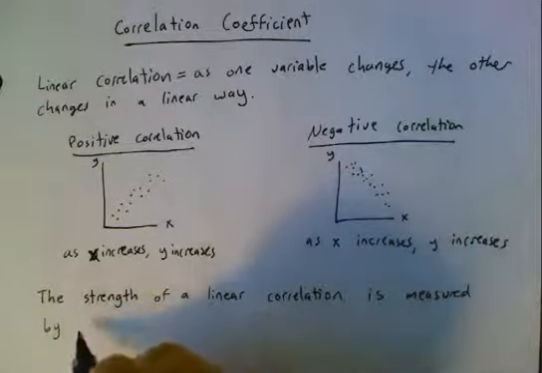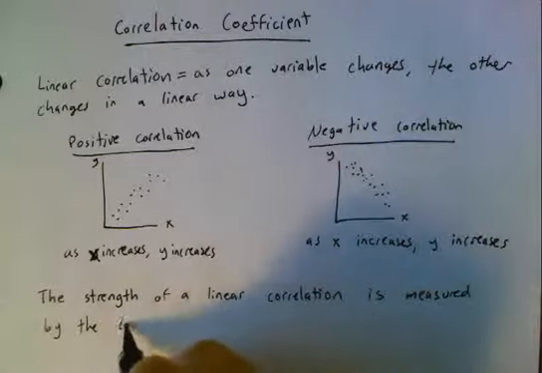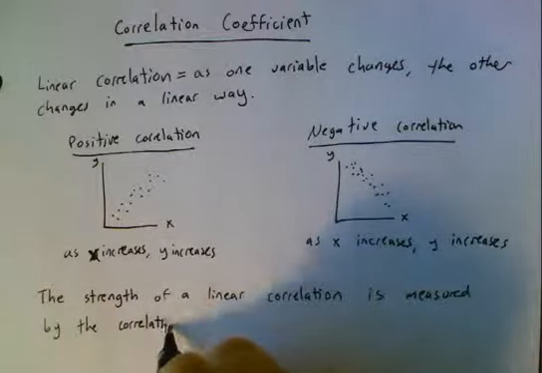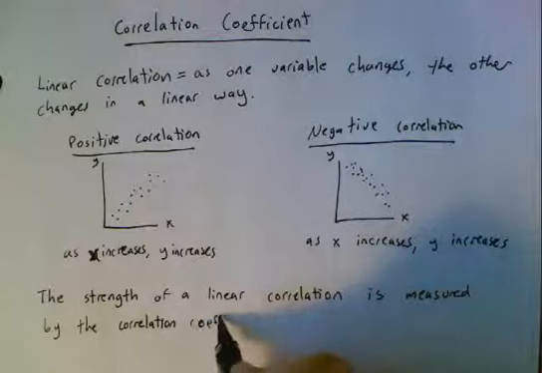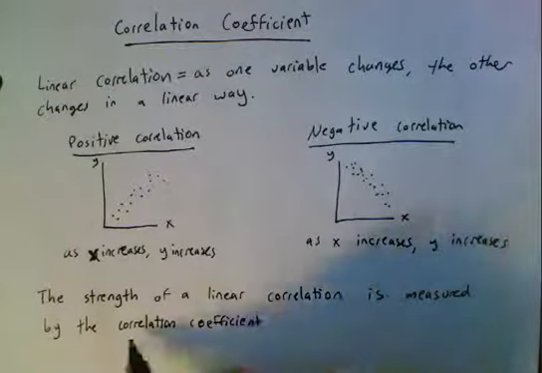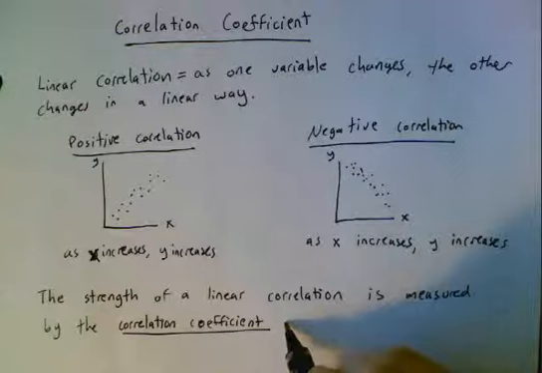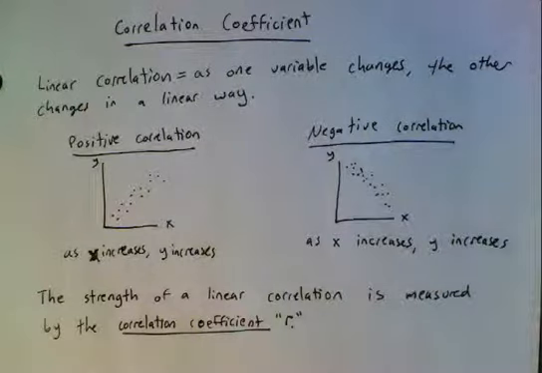This number is called the correlation coefficient, and it has the letter R. And the strength of the linear correlation doesn't measure the slope of the line or anything like that. It just measures how closely the points cluster to a line drawn through them. So the stronger that a correlation is, the more accurately we can predict the value of one variable if we know the value of the other variable.